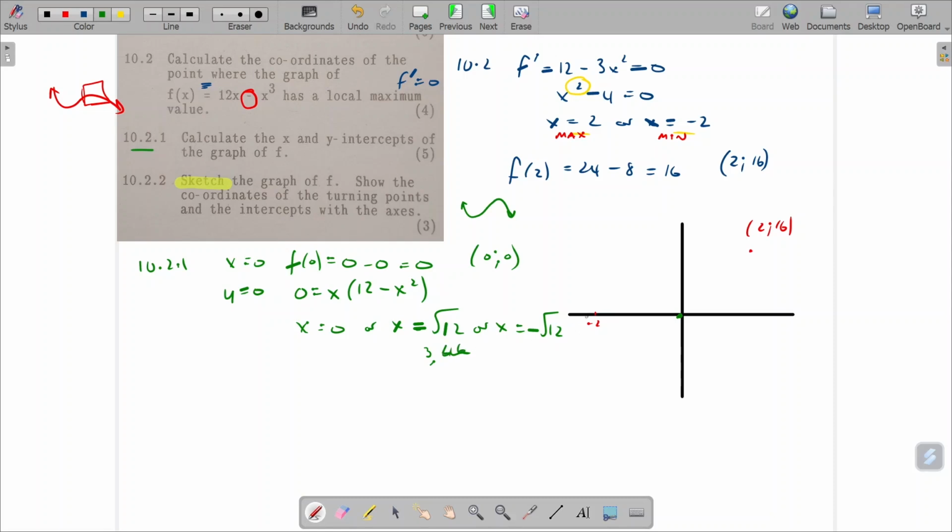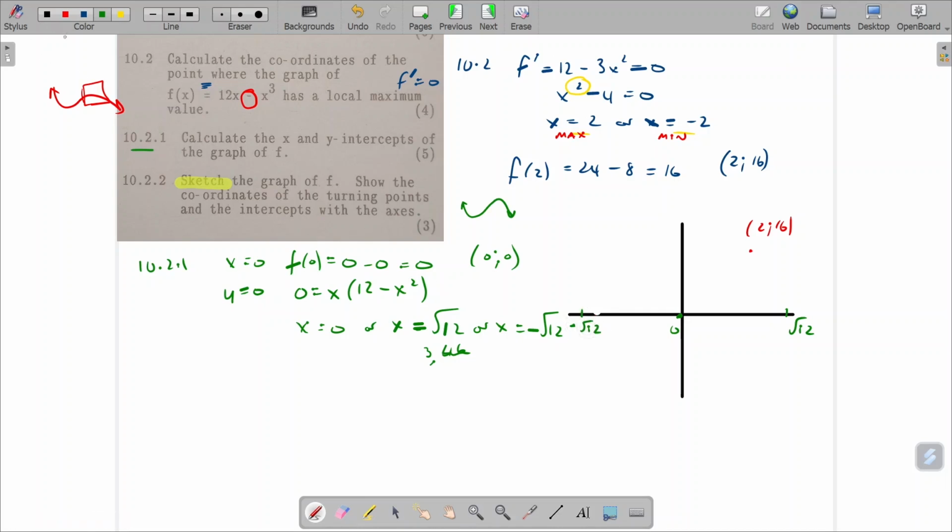So I know that this graph is going to cut here at 0, at root 12, and at negative root 12.